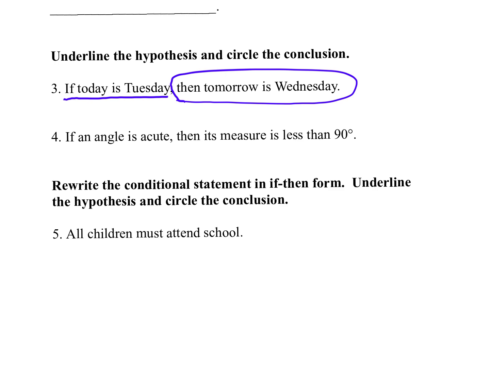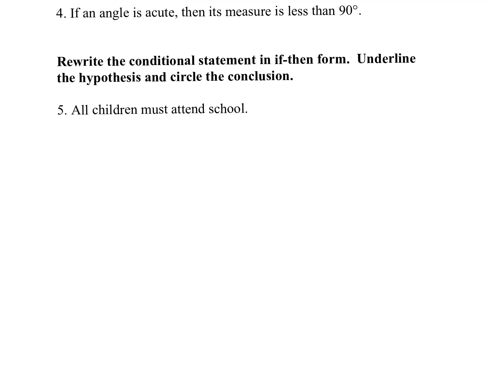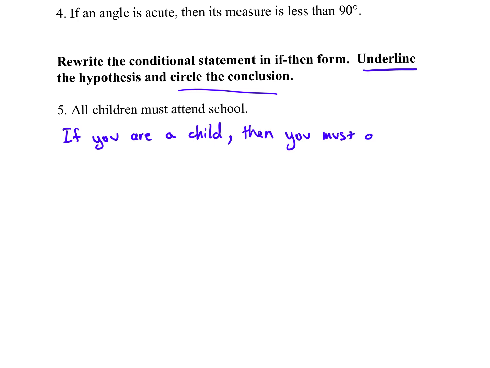Okay, so let's go down to number 5. Rewrite the conditional statement as an if-then form. Then we want to underline the hypothesis and circle the conclusion. All children must attend school. We can say, if you are a child, then you must attend school.